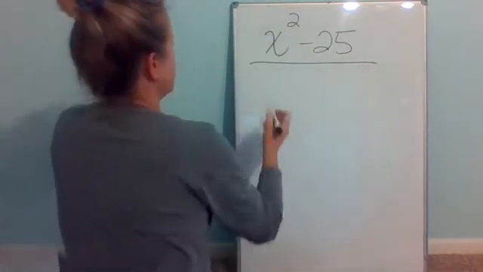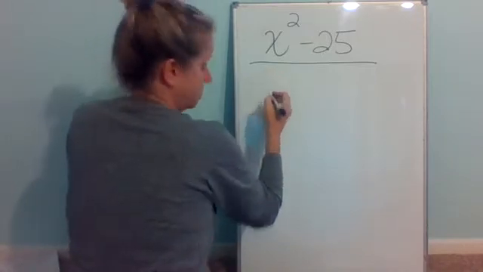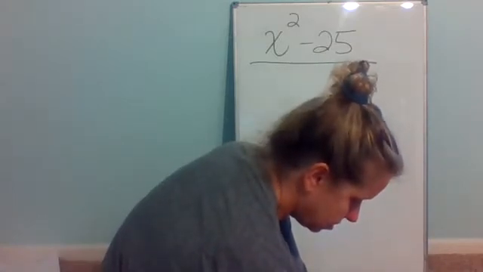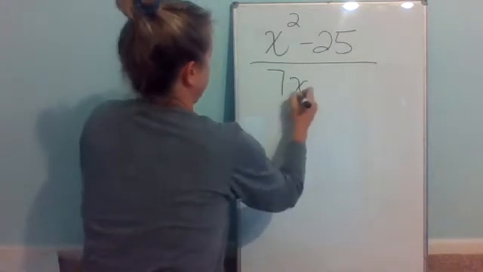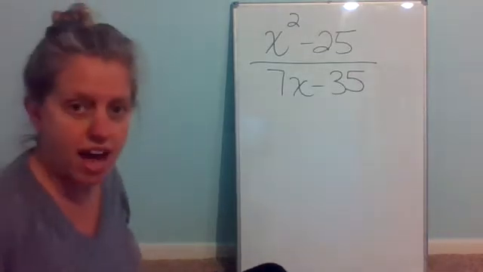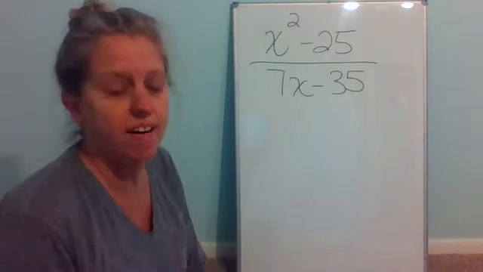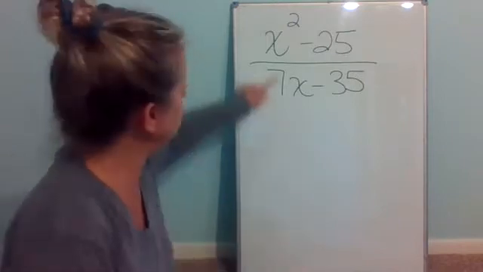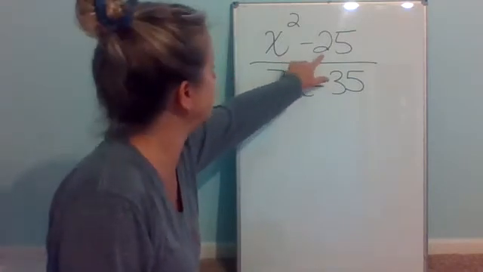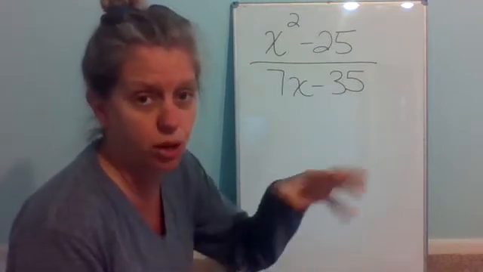So x squared minus 25 over 7x minus 35. So when we had problems like this that had some factoring to do, you have to do that first. So looking at your numerator, what kind of factoring would happen here? Let's see, there's two terms. I do look for something in common to pull out.